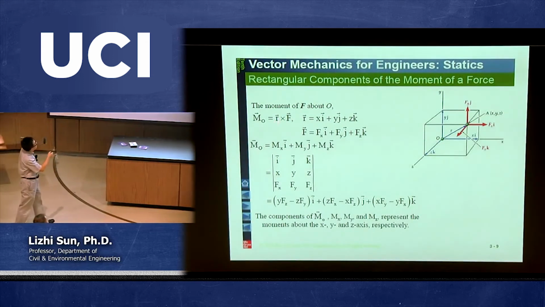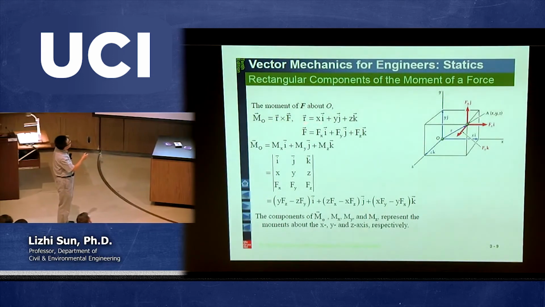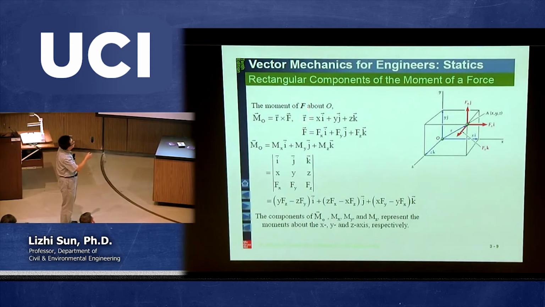Okay, by definition, R cross F. What we need to do is to identify three components of this R, which are x, y, and z, by looking at this picture. So this is the origin point, point A, you have three components, then R is from O to A. So obviously you have three components x, y, z. So that's why you get the R vector. And what is the force vector?